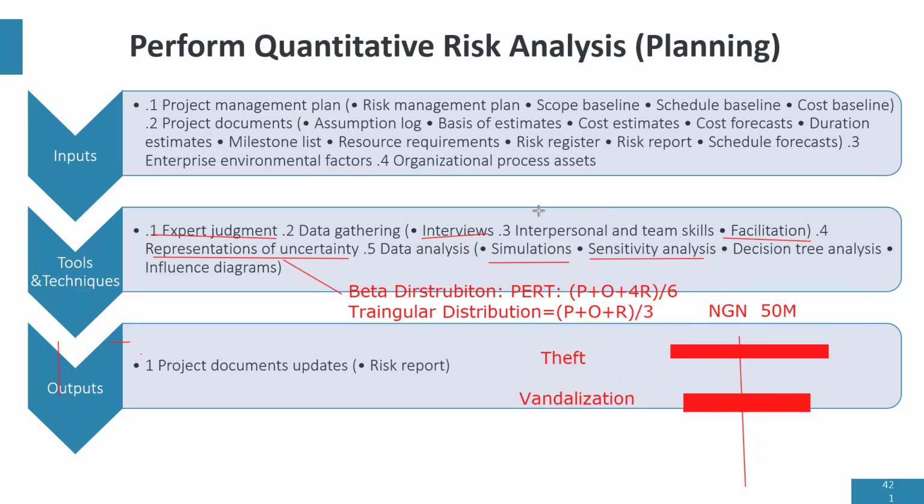And then the last one is corrosion. Corrosion can cost you between 3 million to maybe 60, 70 million.